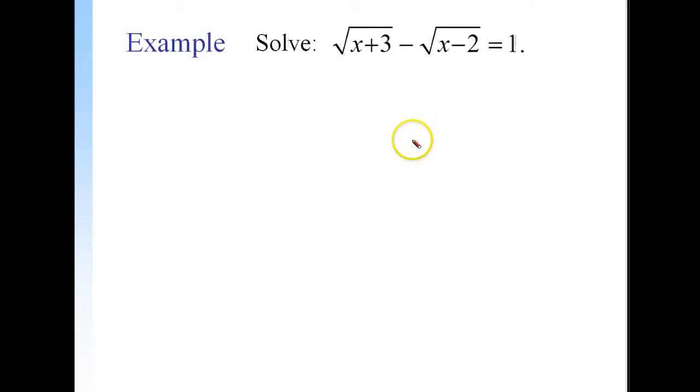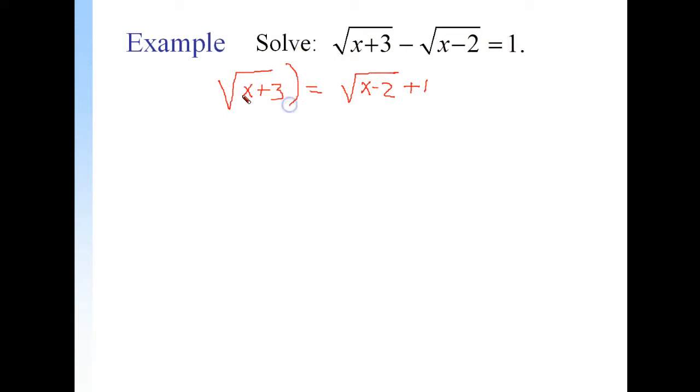This is going to be a little bit challenging, but it'll be okay. So we have the square root of x plus 3. I'm going to move this negative term to the other side, and that's going to be the square root of x minus 2 plus 1.